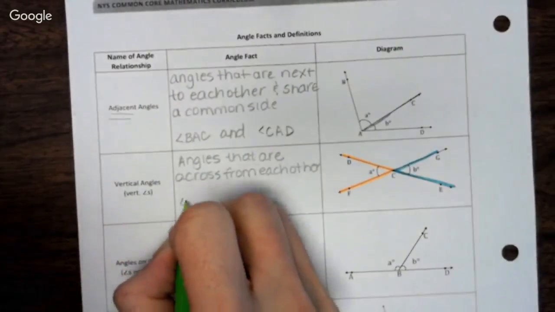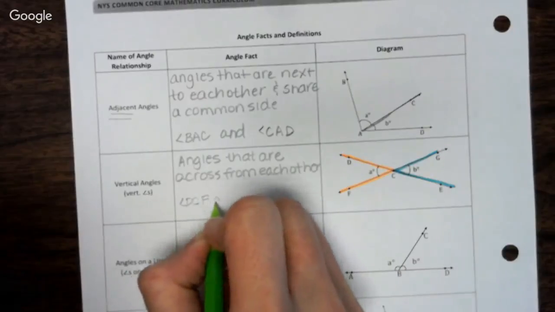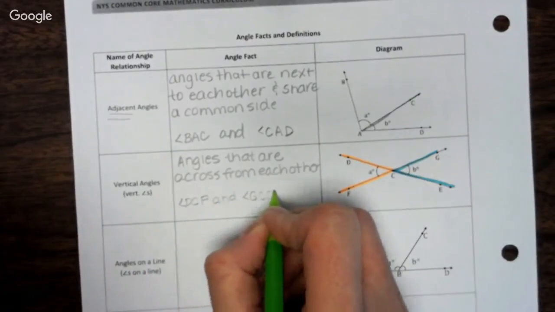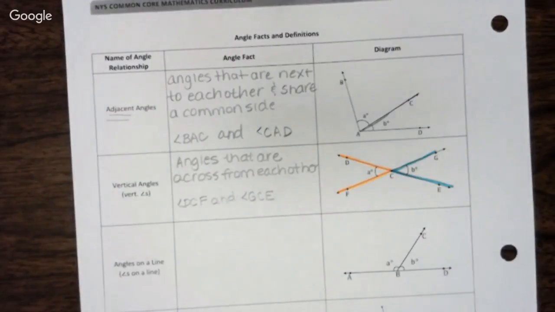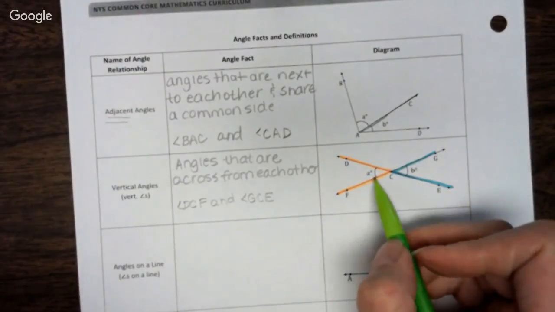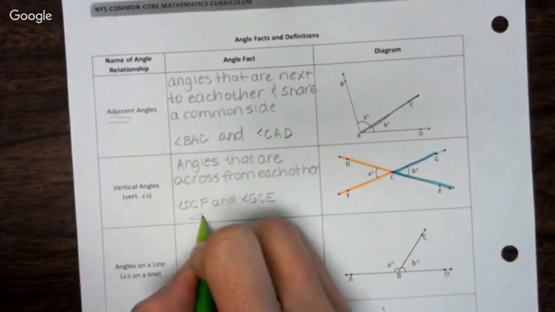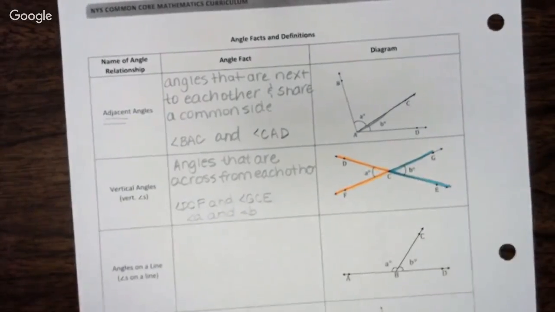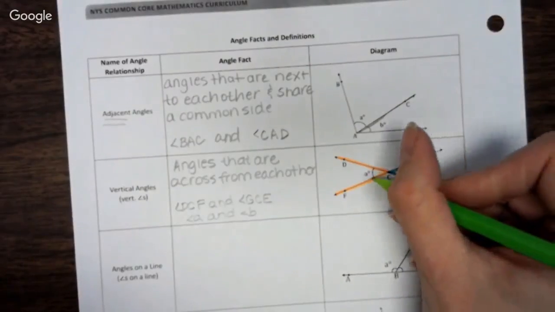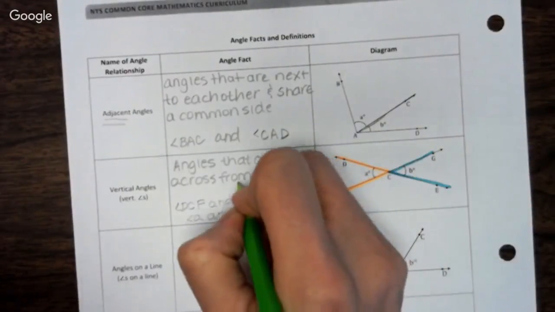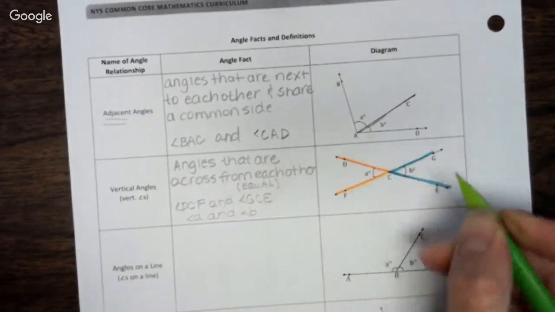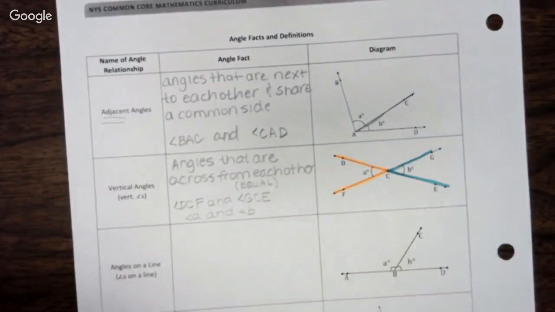The orange angle was DCF, and the blue angle was GCE. We could also refer to their arcs if you wanted to say angle A and angle B. That's just using their arcs. Now, one unique thing about vertical angles is that they will always be equal to each other. So in this case, angle A and angle B are equal to each other.